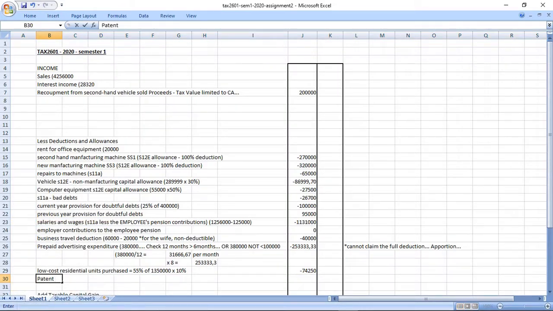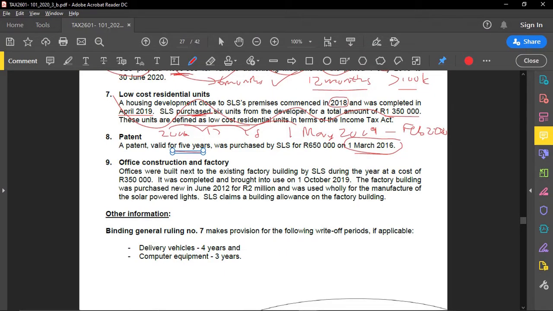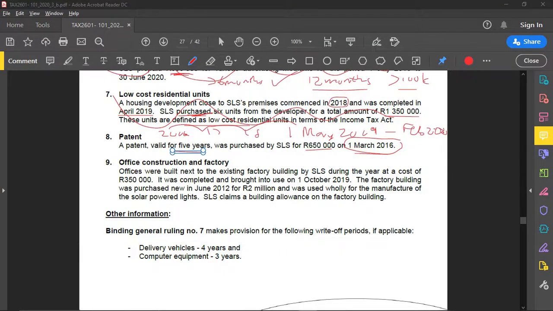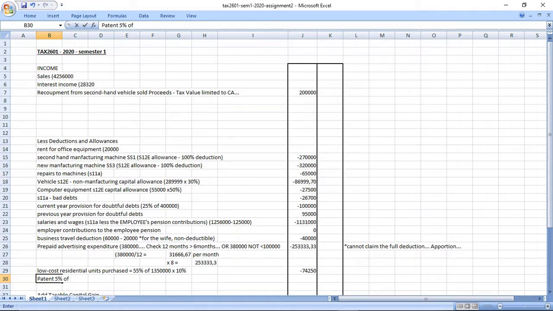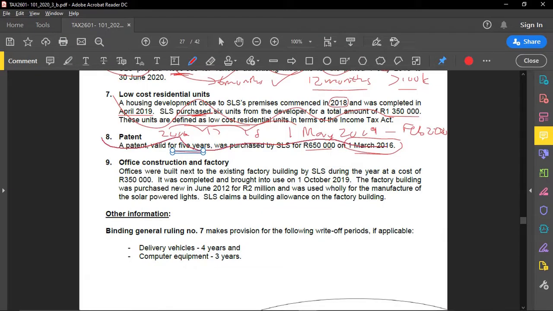This was a patent that was acquired. 5% of, what was the amount? 650,000. Minus 650,000 times 0.5%. Okay, there, 32,500. Perfect. Next.